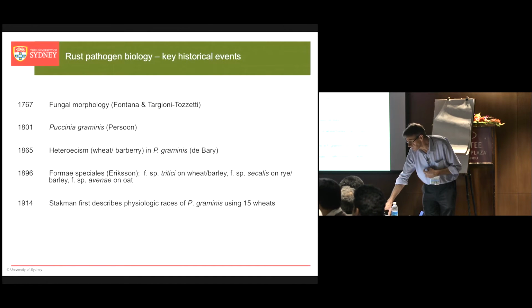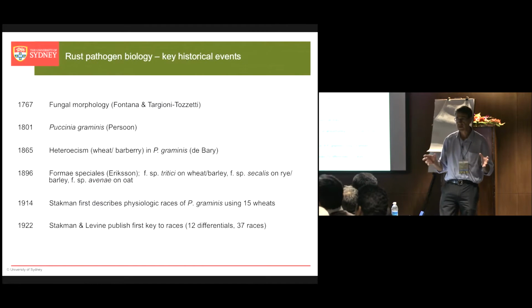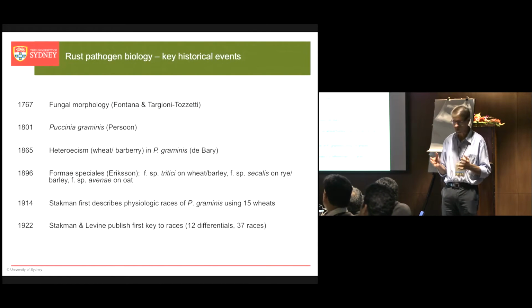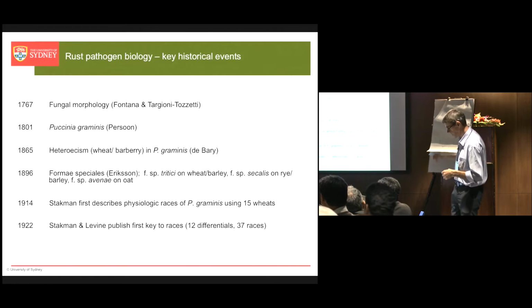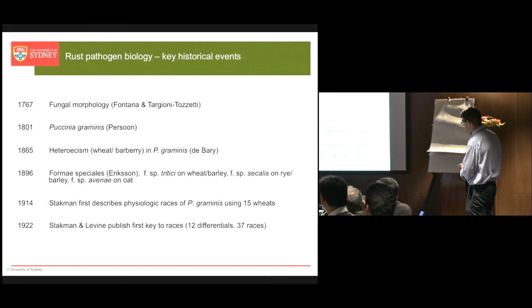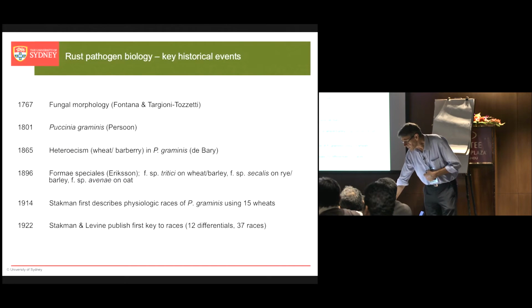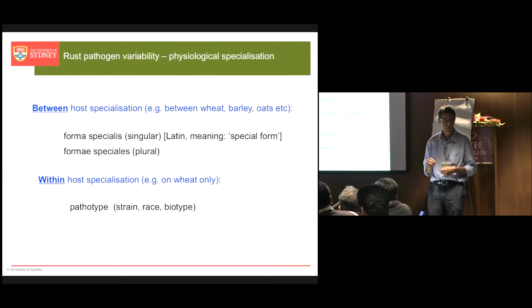All right, so if we look back through the history of understanding rust biology and variation in rust pathogens, there have been some very important discoveries that I've listed here, but it's really point number 4 and point number 5 that we're going to deal with now. Point number 4 is what we call between host specialization.